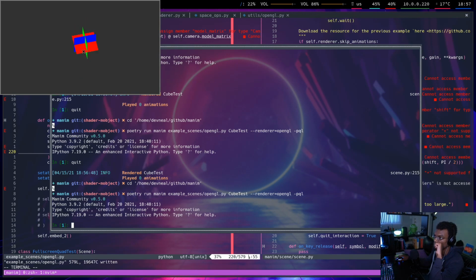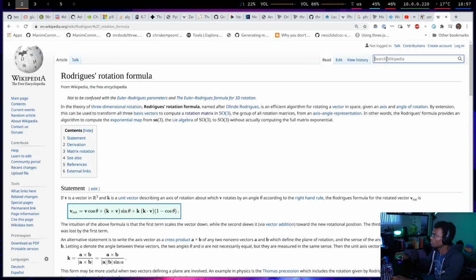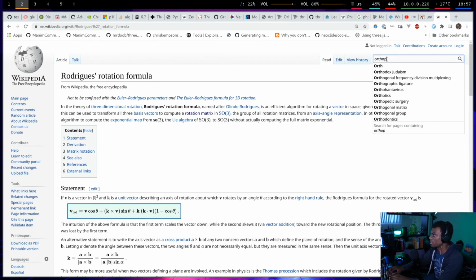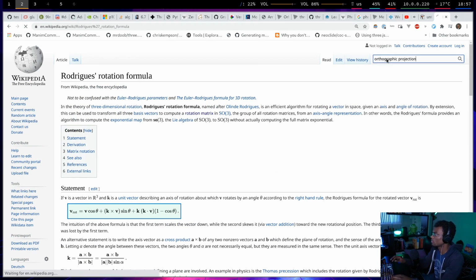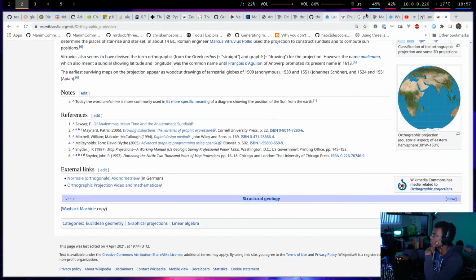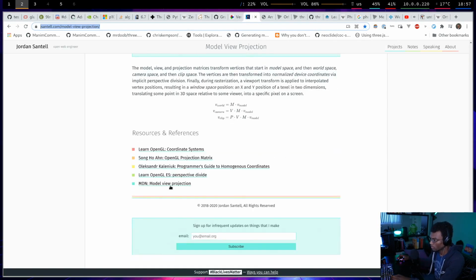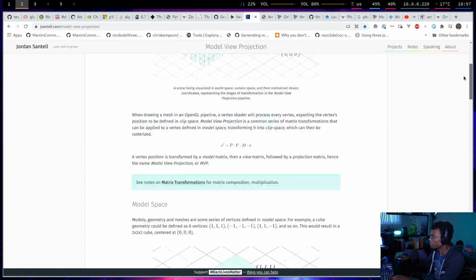What I should be seeing now is, if an object leaves the field of view of the camera, this is going to be hard to explain. This is how orthographic projections work. Actually, do I have an article about it here? I think this website goes over projection matrices.